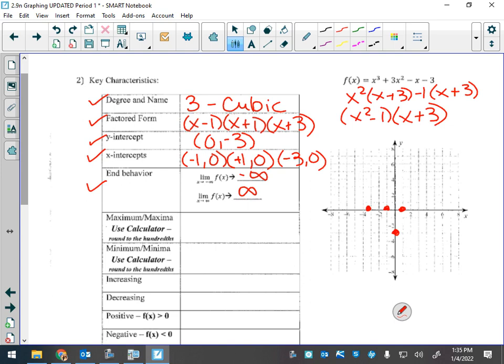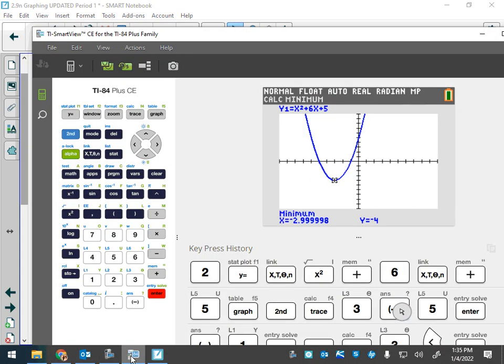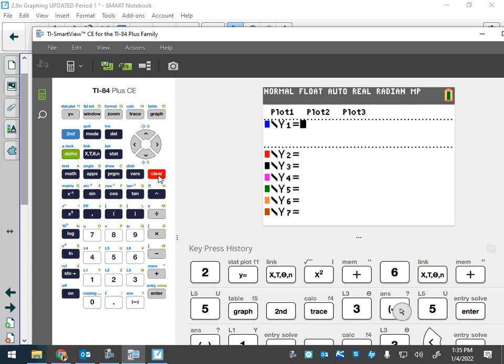Okay. All right. So now we're going to use our calculators to find the exact values. Go to y equals, and we're going to type in x, and if you need something larger than squared, you could use the caret here, 3, but remember to take it out of that exponent spot, so press the right arrow.